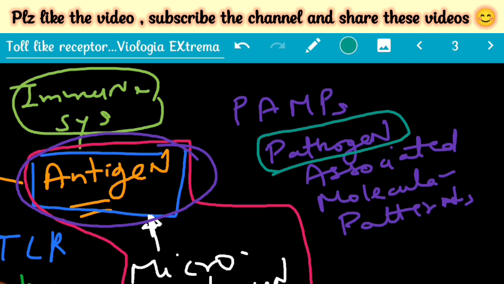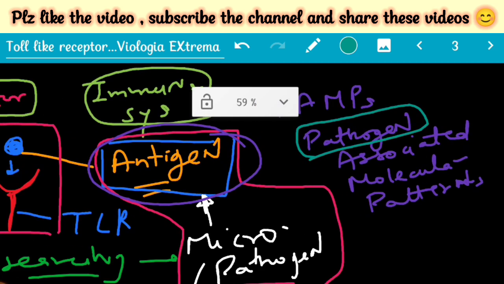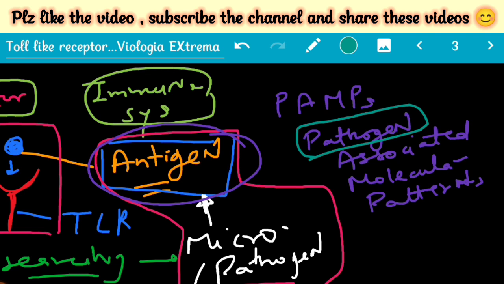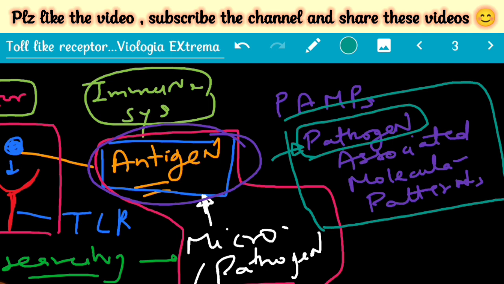So when these microbial sensors search the environment and find these PAMPs, they know that some pathogen has breached the defenses and entered the body. Now it's time to alert the body and start action, meaning triggering the immune response.